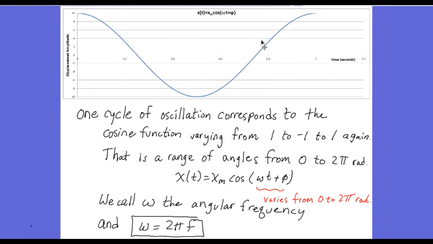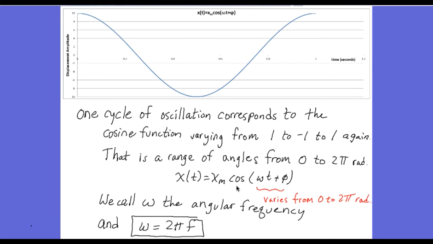Let's change our frequency to be 1 hertz so we can talk about what's inside the cosine function right here. So within this 1 cycle, I know that the cosine, this part of the equation, is varying from +1 to -1 to +1 again.